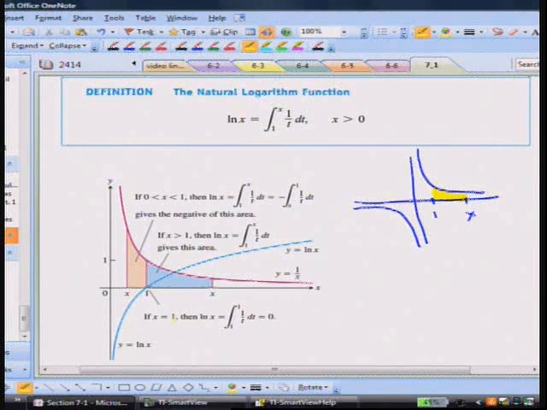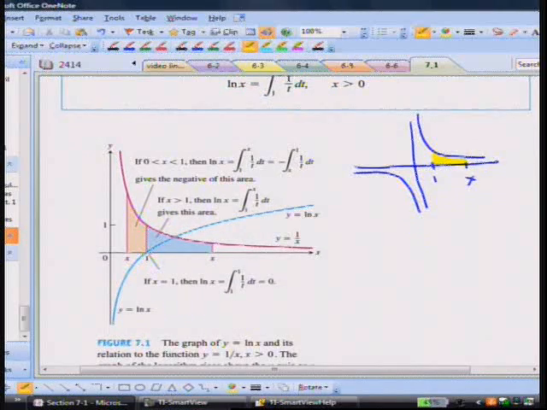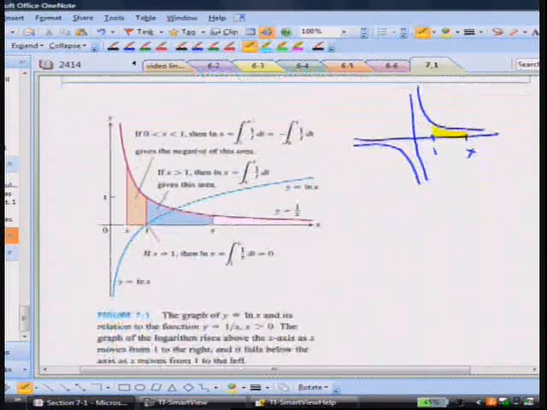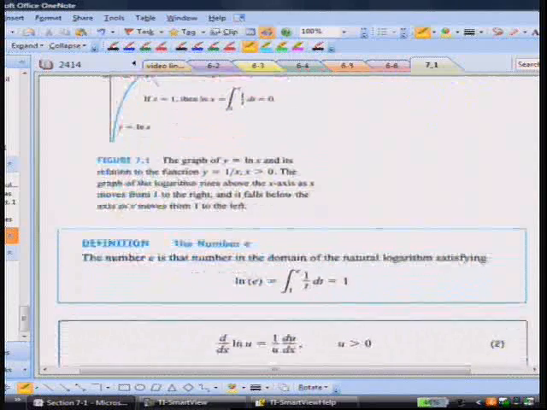And obviously, if x were 1, the ln of 1 is 0. We learned that property: the integral from 1 to 1 is always going to be 0 when you don't have any width. Okay? So that's our formal definition of the logarithm as we describe it in calculus.